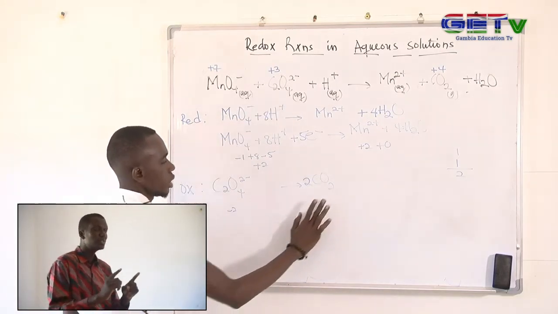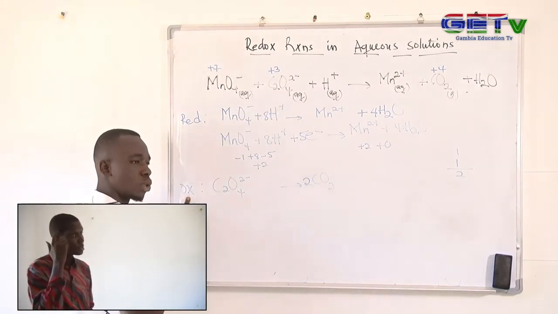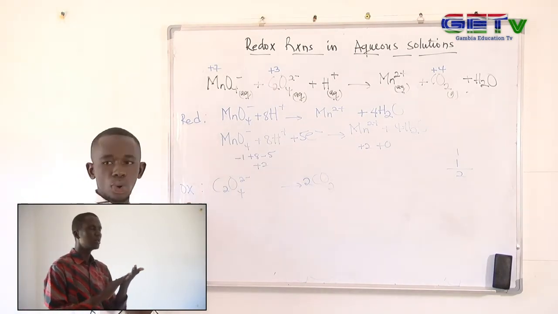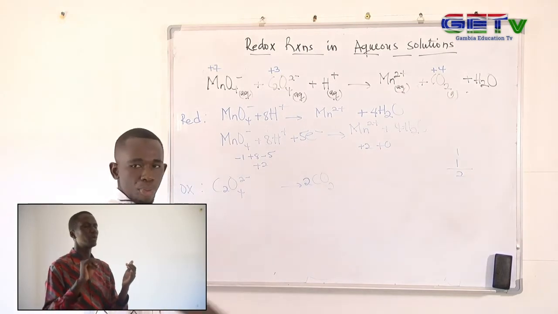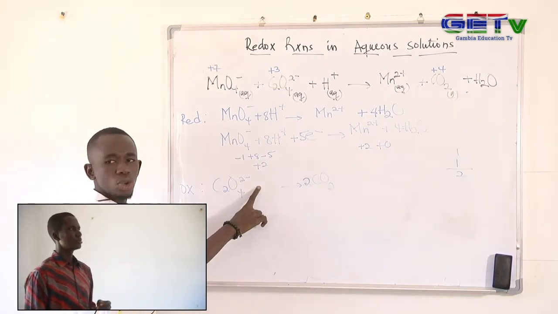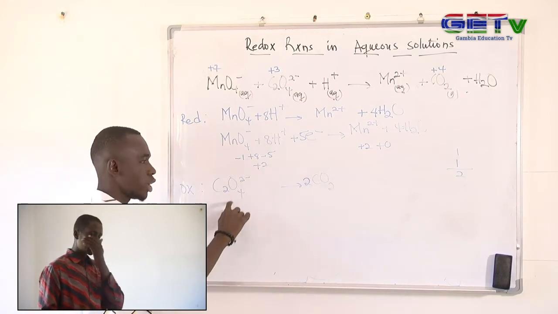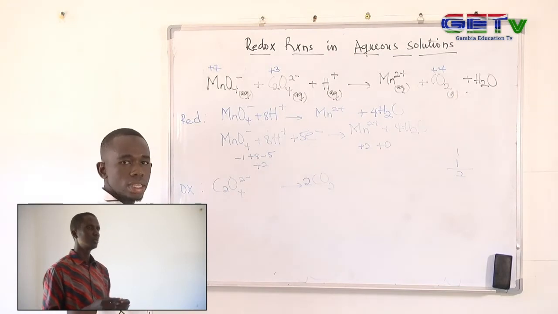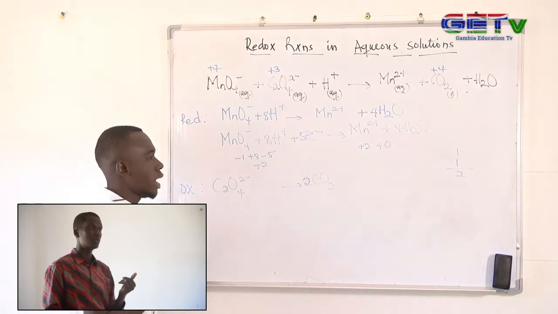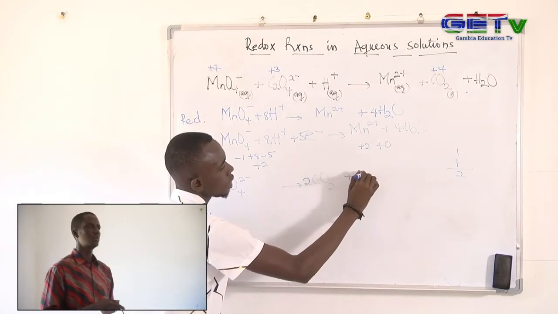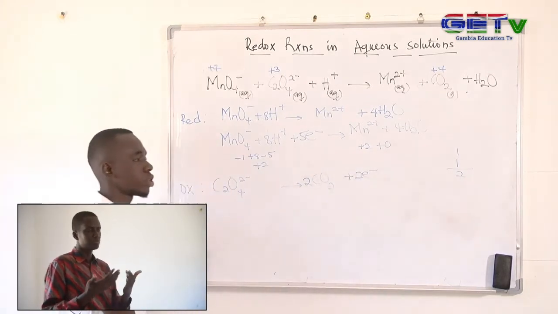Now here, oxidation also means loss of electrons. And then you lose electrons at the product side. Of course, if you put these 2 electrons here, the reaction will not be balanced because this side will continue to be -4 and this side will still be 0. In that case, the reaction will not be balanced. And the only possible place where we can add those 2 electrons is at the product side.